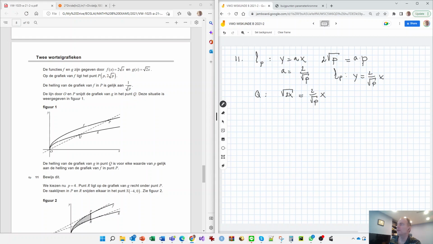Let's multiply both sides by the square root of p and divide by the square root of x. Then let's square both sides. I get 2x is 4p x squared. That is definitely true if this is true.